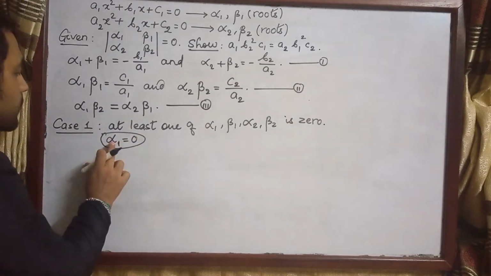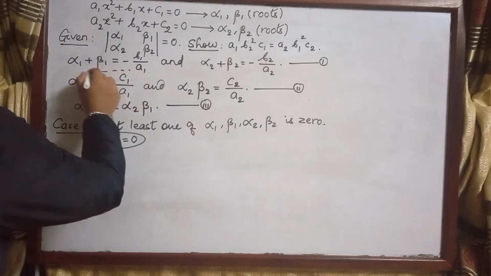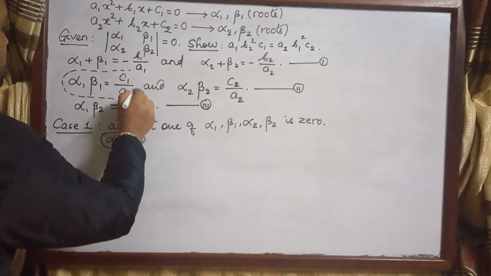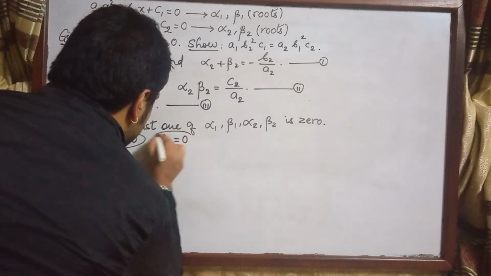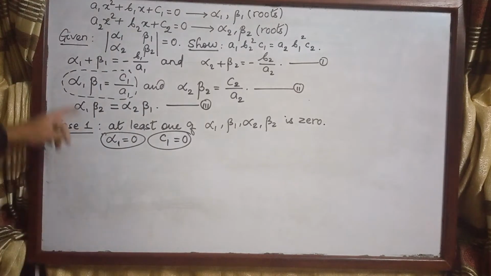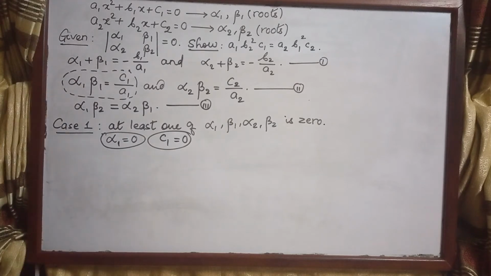If we take alpha 1 equal to 0, then from this part of equation 2, we're going to get c1 equal to 0, because c1 over a1 is equal to beta 1 times 0. So this will always hold.